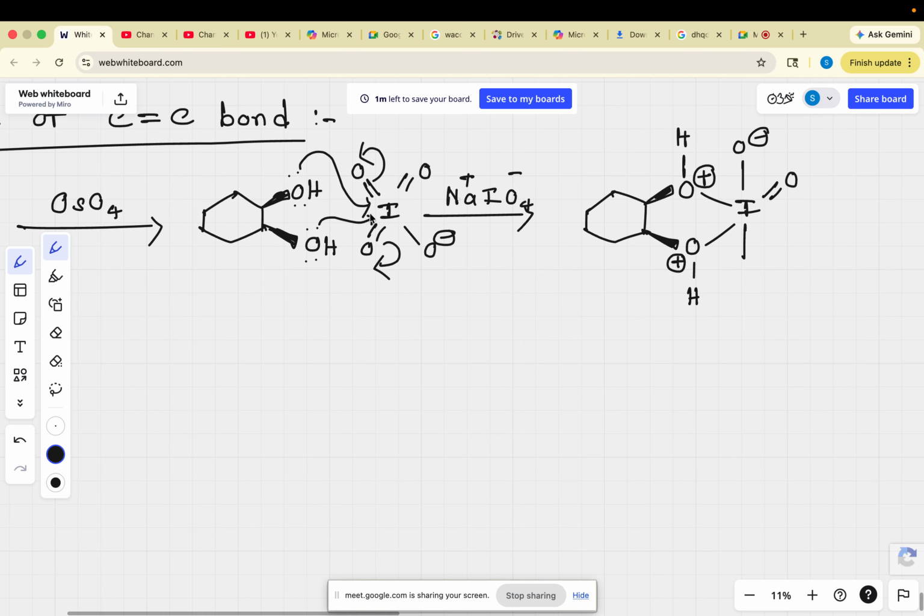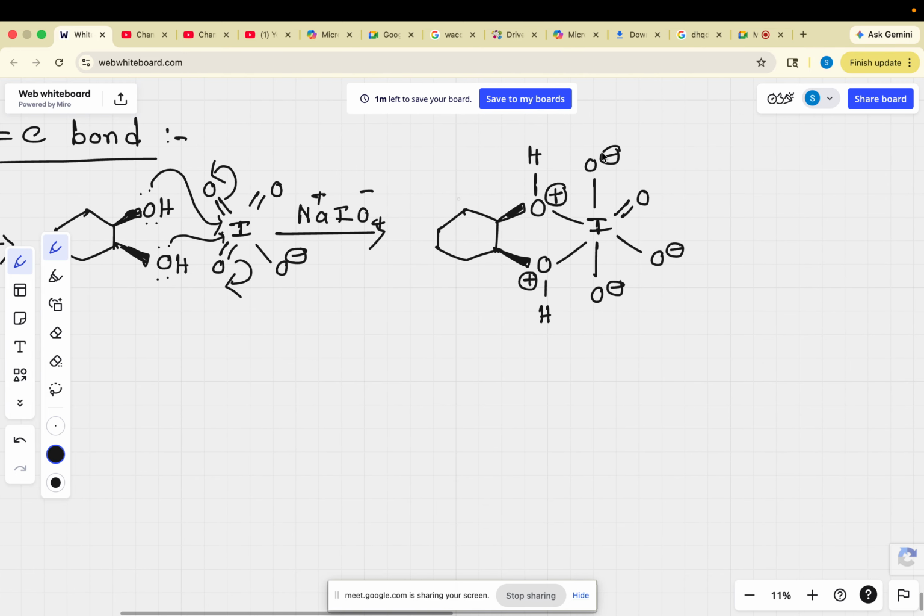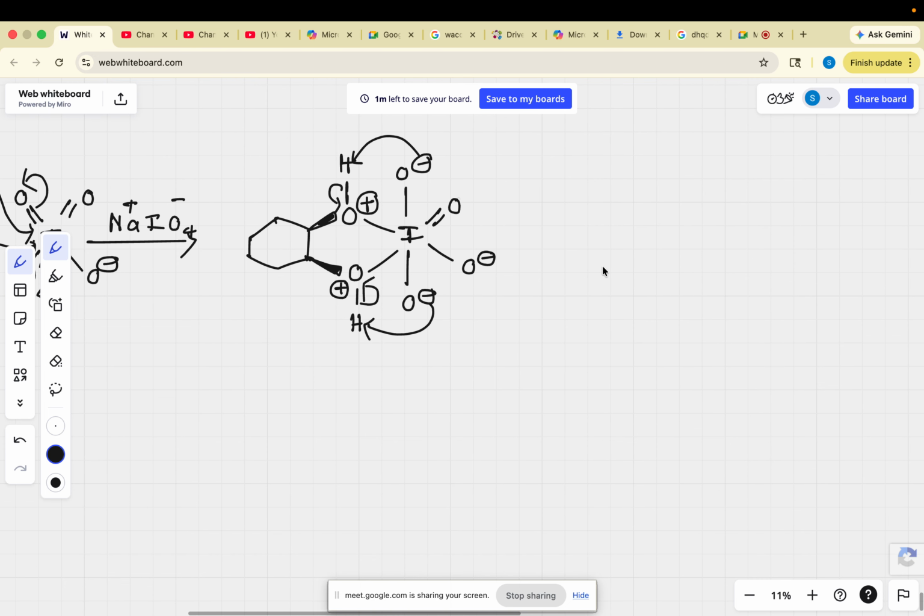When the other oxygen attacks here, it donates electrons and becomes positively charged, and this bond breaks, so it becomes negatively charged. Here you already have O minus. Now the next step: O minus will abstract this acidic proton, and this oxygen gets neutralized. Here also this O minus abstracts the proton and this oxygen becomes neutralized.